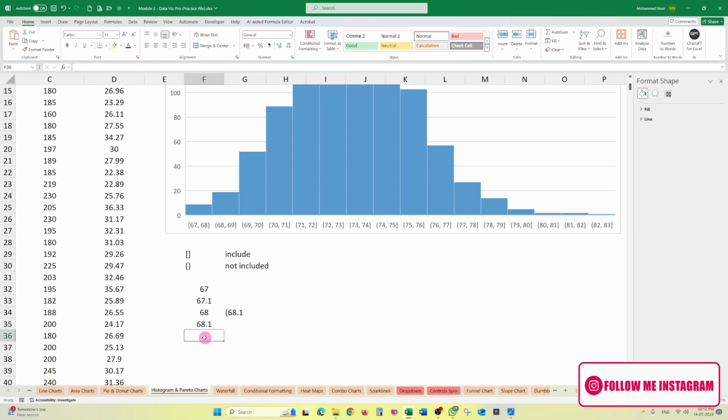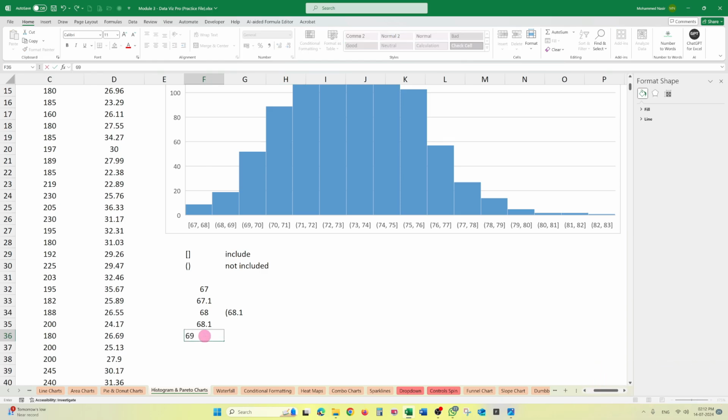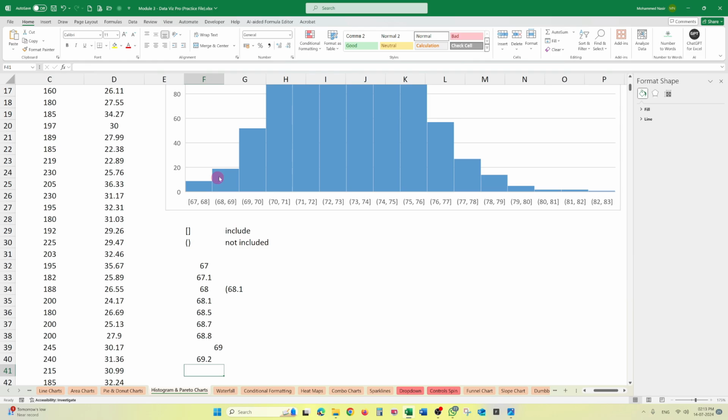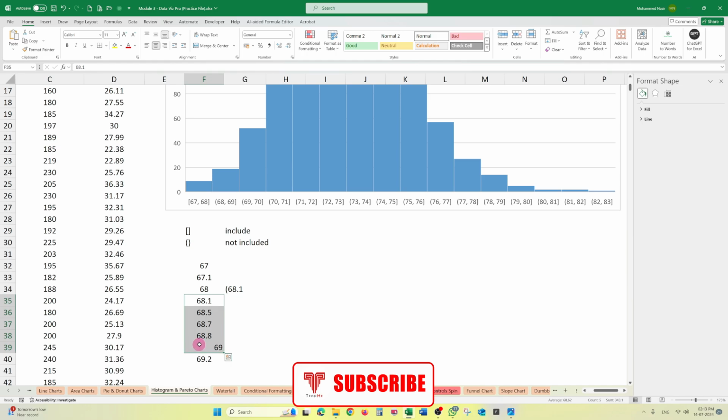So if I have data like this, 68.5, 68.7, 68.8, then 69, then 69.1, 69.2, like that, then this chart will include from here to here, and 69.2 will be included in the next chart.